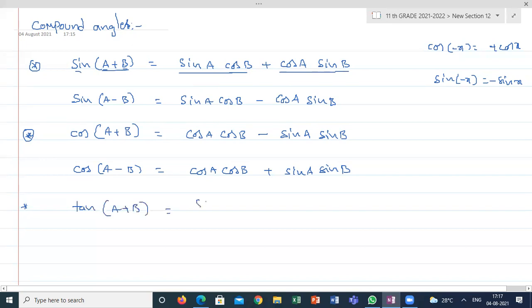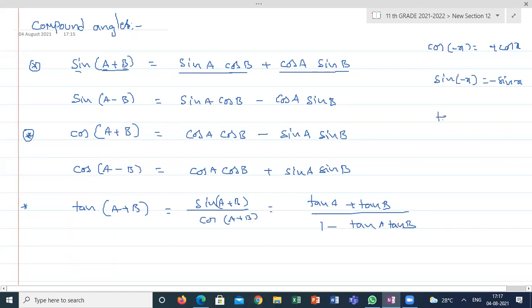Next one is tan of A plus B. This is simple. You take sin of A plus B by cos of A plus B, expand, and convert everything into tan. You will get tan A plus tan B by 1 minus tan A tan B. We know tan x is also an odd function, so tan of minus x is minus tan x.